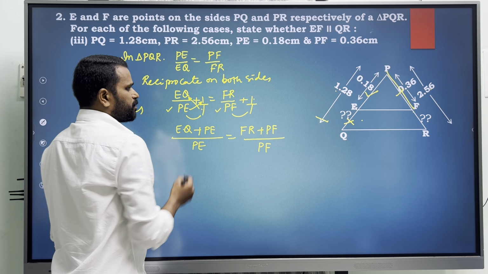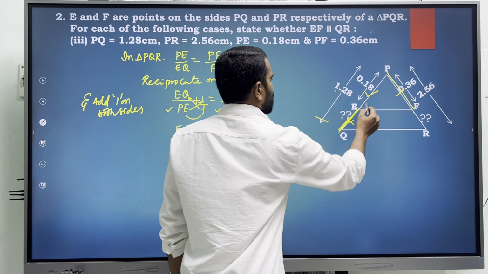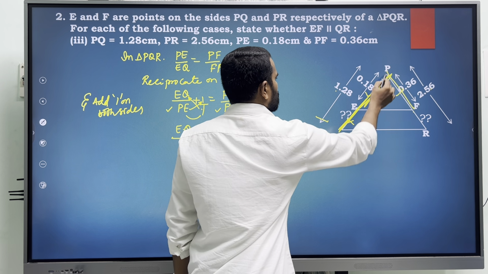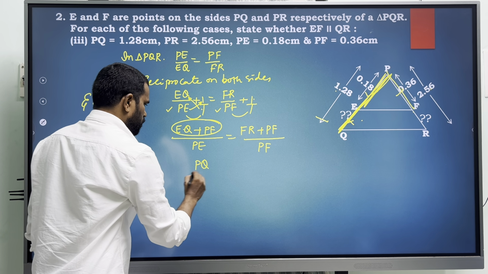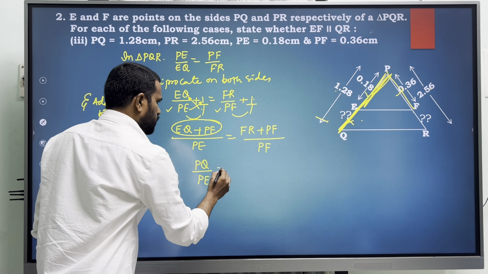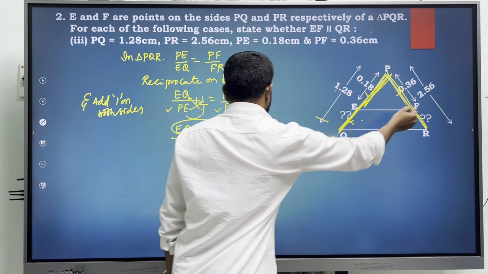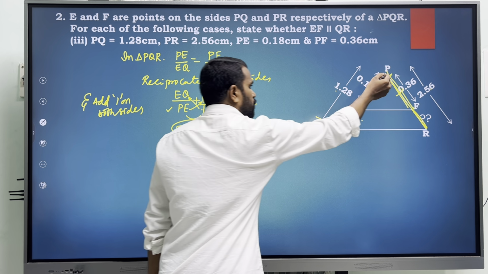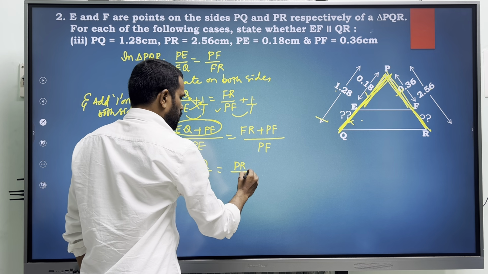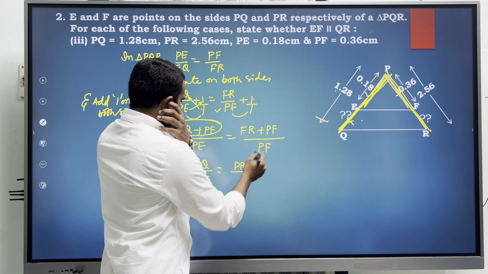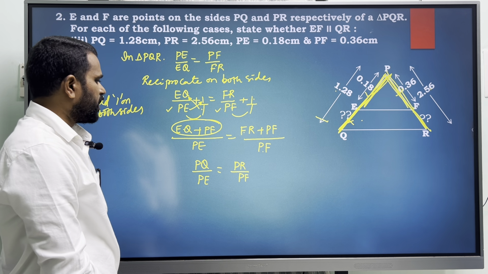So EQ plus PE, this total is PQ. So PQ by PE equals FR plus PF, which is the total PR. This is PR by PF. Understand? So this is how we can do it.